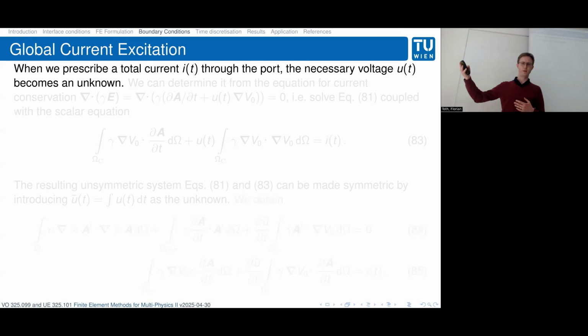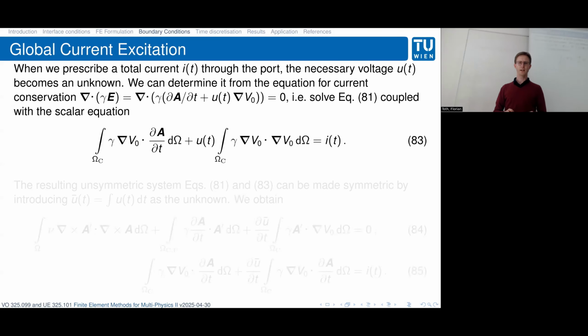So this term will come from the right side of the equation to the left side, so unknown scalar U. And we need an additional equation to actually determine this unknown voltage. And this additional equation is the current conservation, so the divergence of the eddy current, gamma times E, needs to be 0 in the conductive region.